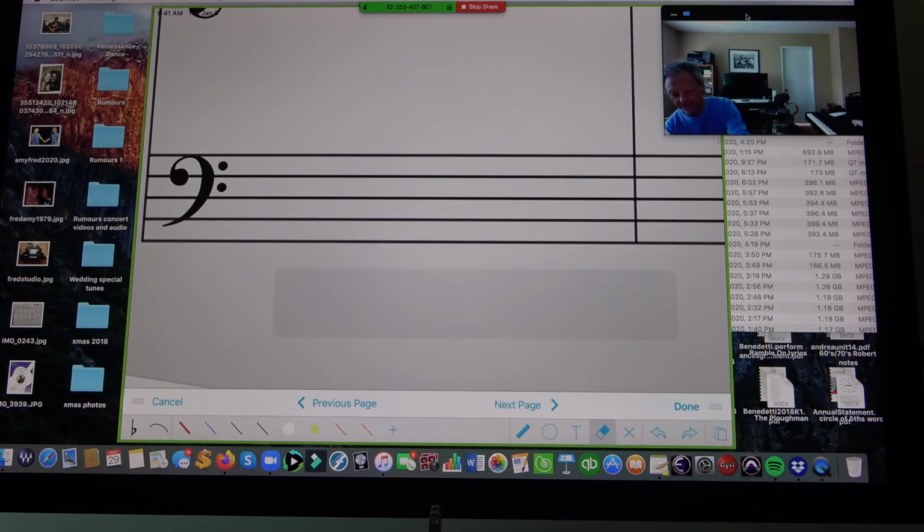So if we have, for example, this heading 5, 7, which does mean dominant 7 because 5 is the position of the dominant.